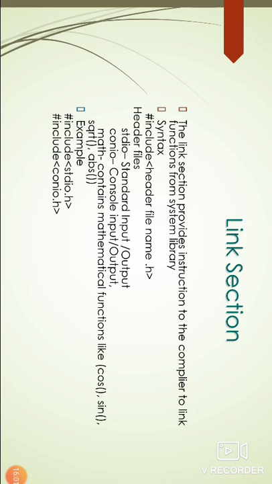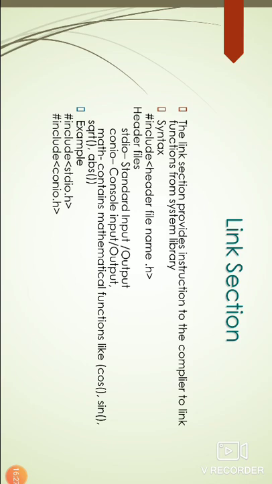Next one is link section. The link section provides instruction to the compiler to link functions from the system library. Here the syntax: hash include header file name dot h. So this is the syntax: hash include, less than symbol, header file name dot h, and greater than symbol.